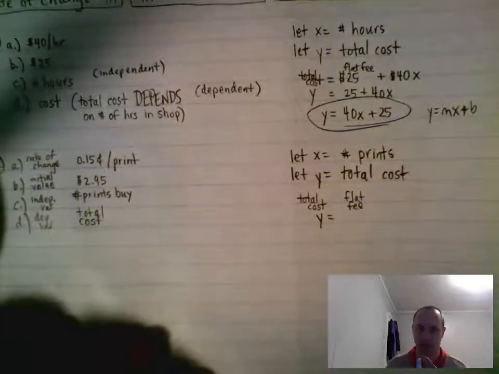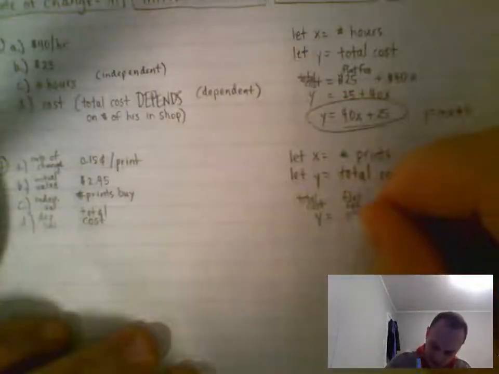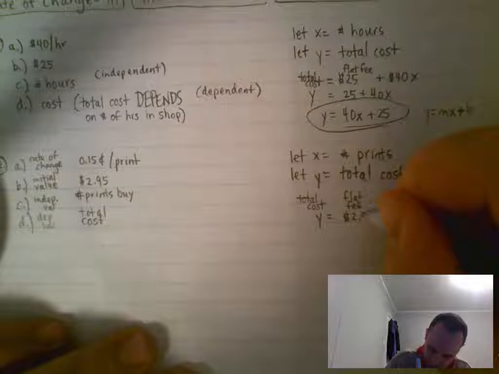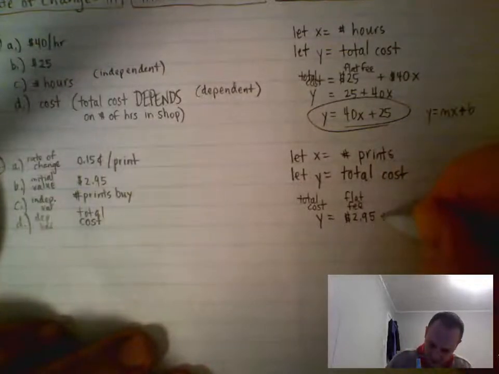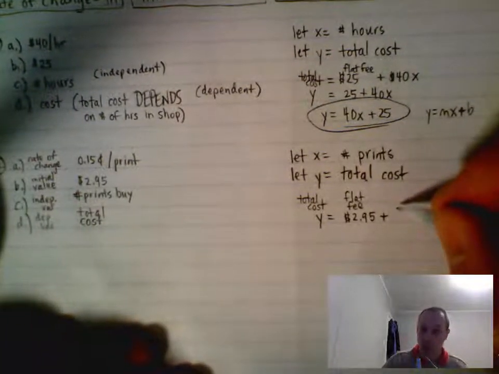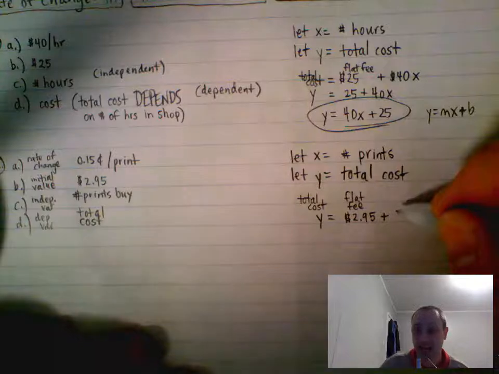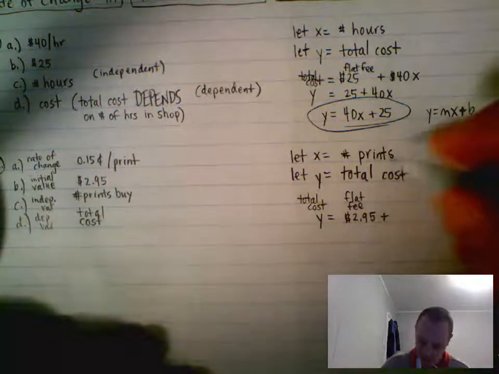Okay, so the flat fee in this case is going to be our initial value, which is $2.95. Plus, we're going to add that to the thing that can change. So that would be the number of prints times the cost per print.